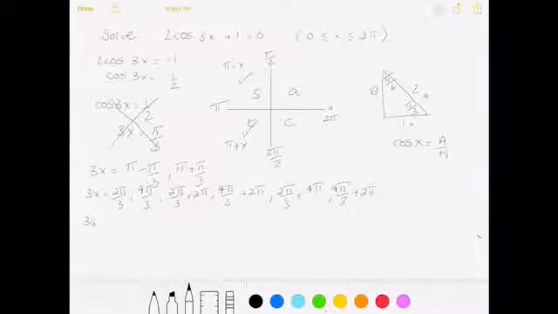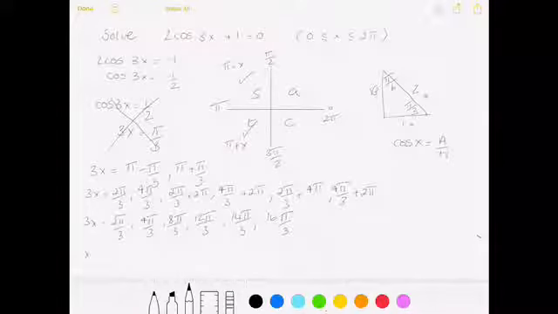So if we do that addition, we get 2 pi over 3, 4 pi over 3, 8 pi over 3, 10 pi over 3, and then adding 12 pi over 3 onto 2 pi over 3, we get 14 pi over 3 and 16 pi over 3.